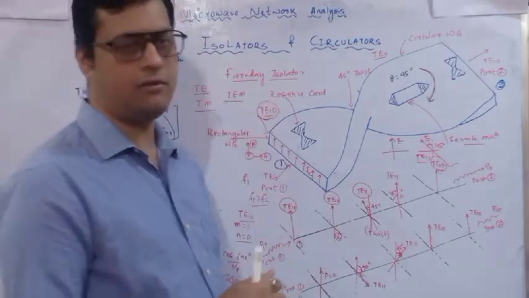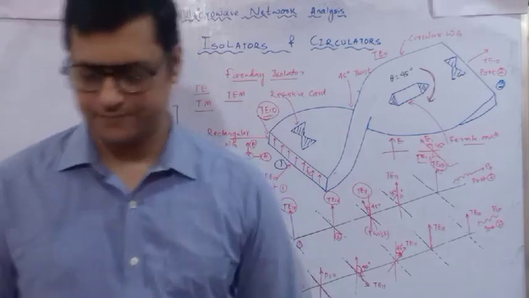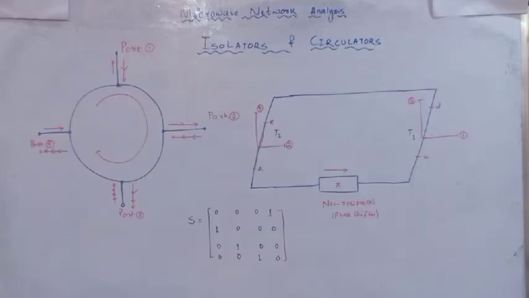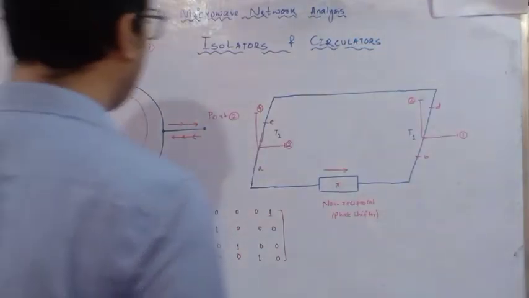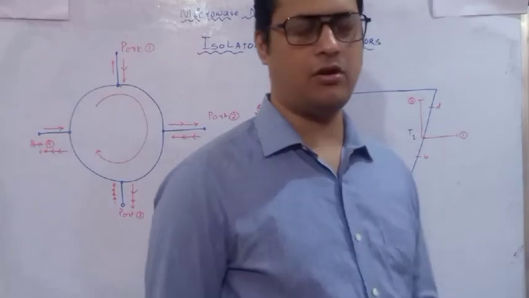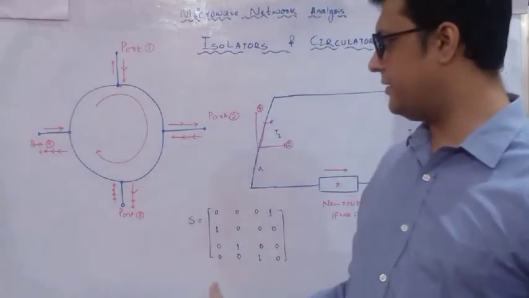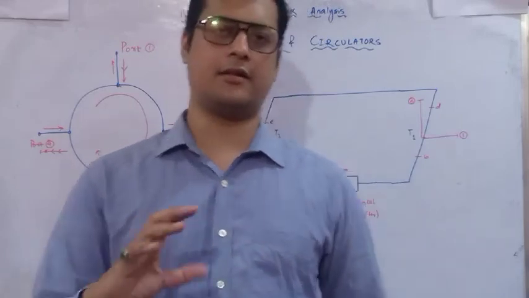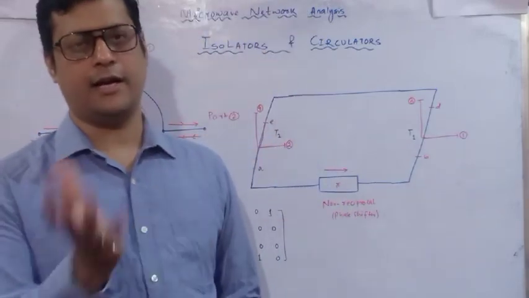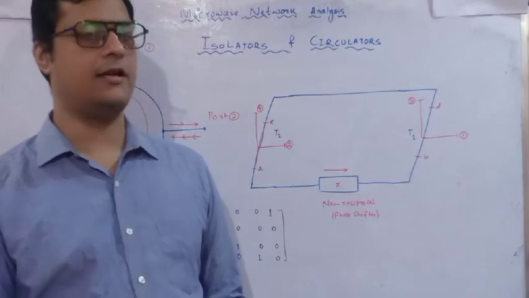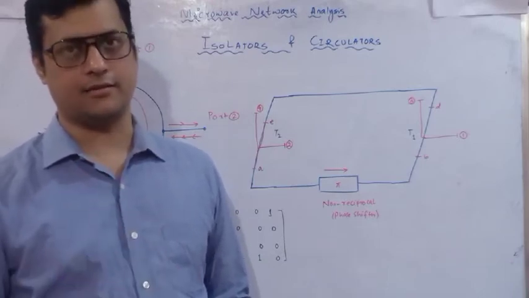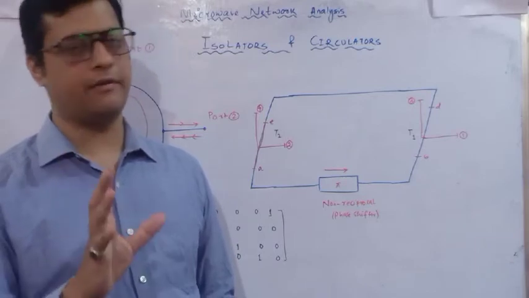Next we will discuss the circulator. Now you can see I have drawn two basic block diagrams and one scattering parameter matrix for the circulator. A circulator itself indicates that it will circulate the signal to the adjacent ports in a certain direction, and this direction must be clockwise with respect to the device ports.